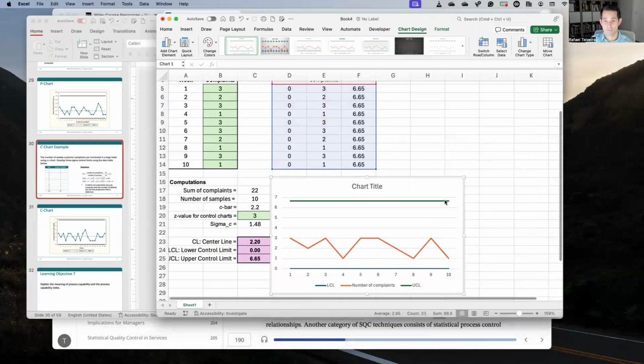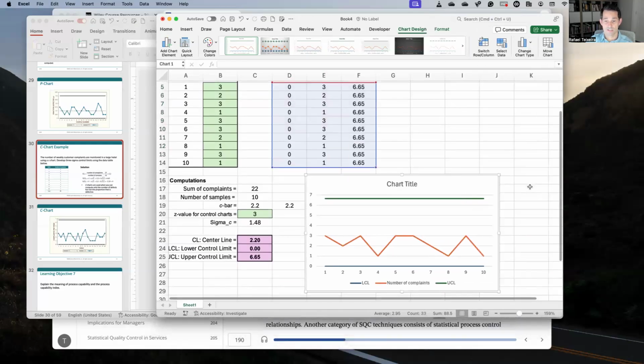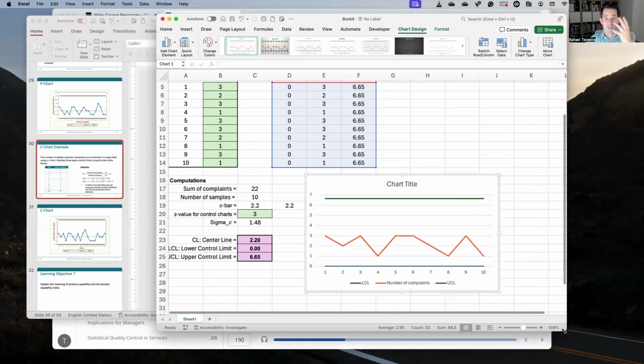Charts help everyone understand easily that between these upper and lower control limits, we have some variability, which is acceptable for the company, and everything's fine. If the number of complaints goes above 3 standard deviations, which is not normal, then something is going on, and it's better for the company to investigate and figure out what's going on.